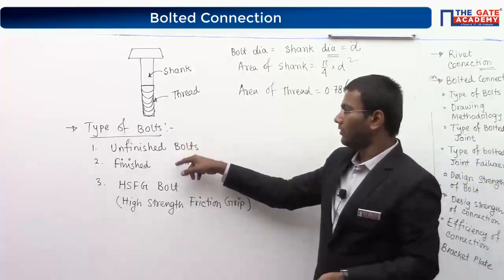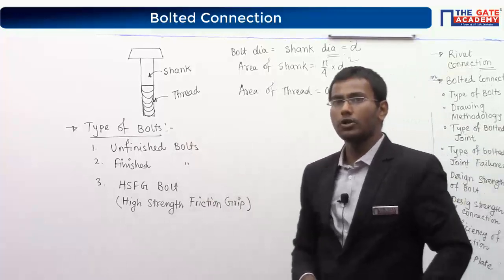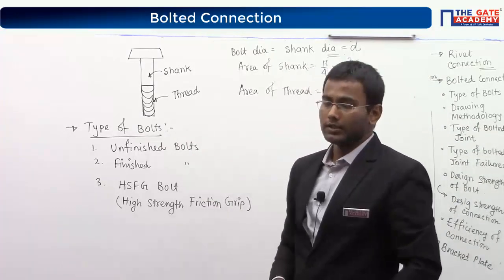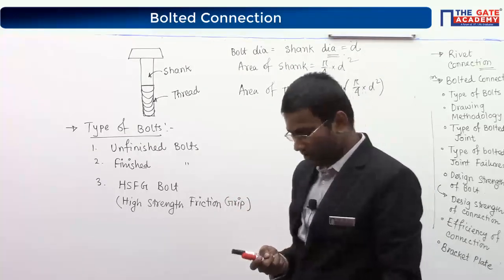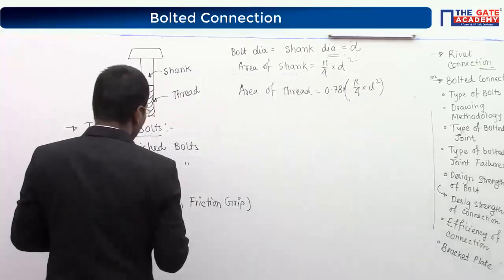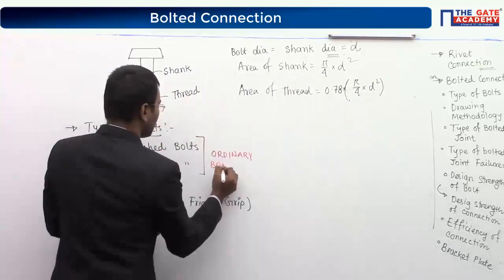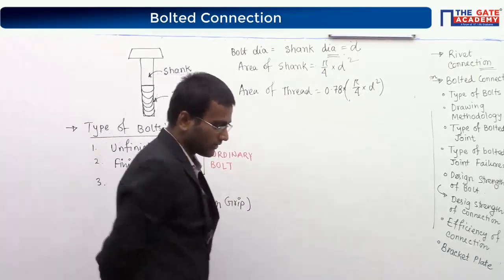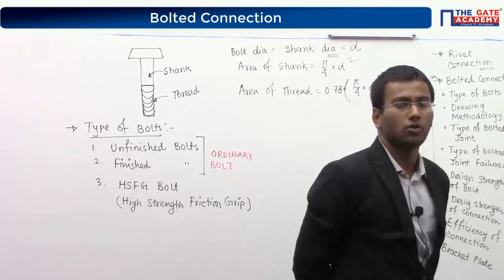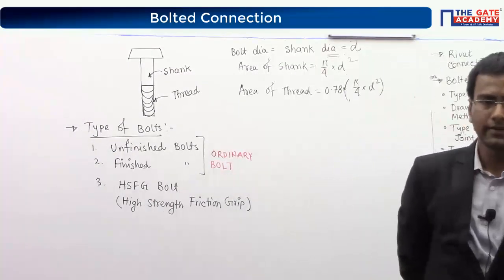The first two, unfinished bolt and finished bolt, are also termed as ordinary bolts. Sir, what is the purpose, or where should I use ordinary bolts? It is very simple.